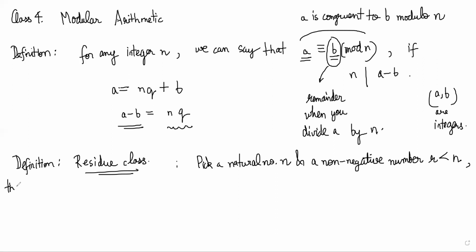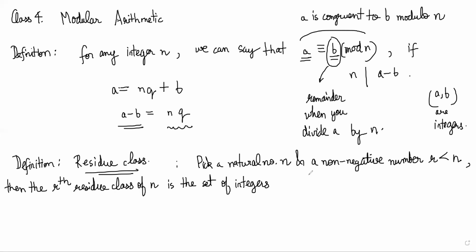Then the rth residue class of n is the set of integers a that satisfy a is congruent to r mod n.